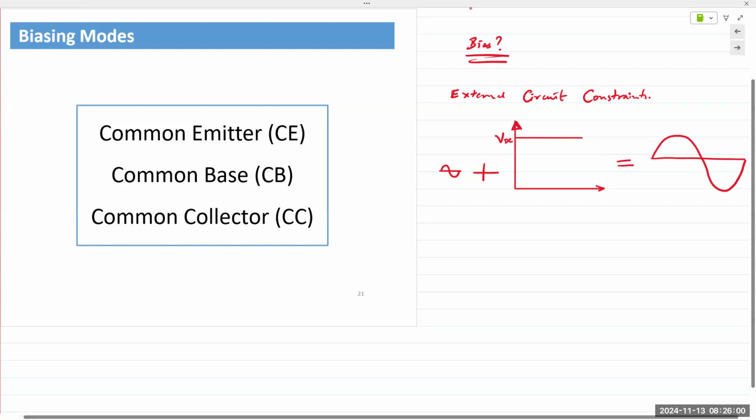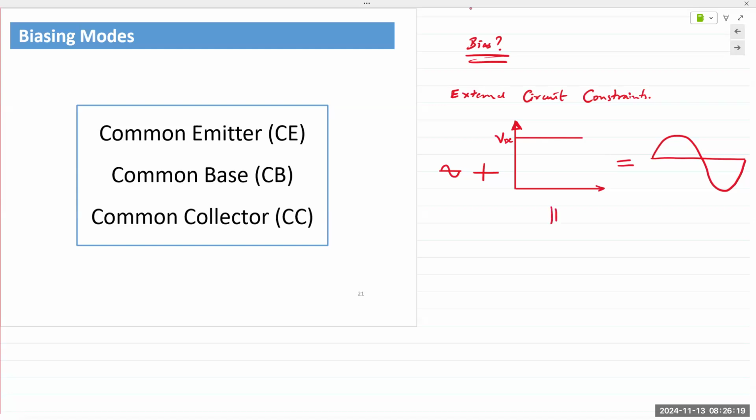So you could say that the DC level, the flat line, is being given the shape of the AC input signal. Or you could also say the AC input signal is being given the energy from the DC source. Either explanation works. It does not come from thin air. This would be provided by your biasing circuit.